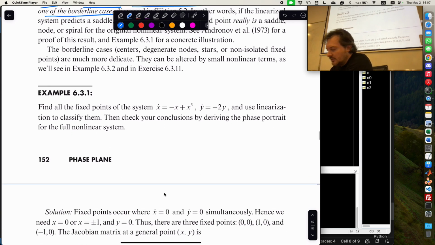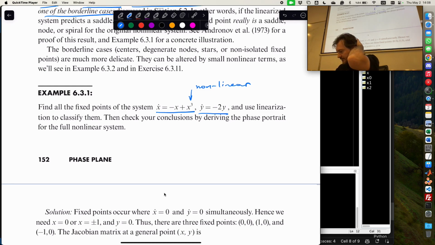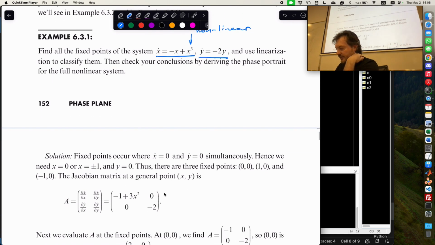Okay. Find all the fixed points of the system x dot equals minus x plus x cubed. This is nonlinear, right? And y dot equals minus 2y. Fixed points occur when x dot is 0 and y dot is 0. Hence, we need x equals 0 or x equals plus minus 1, and y equals 0.